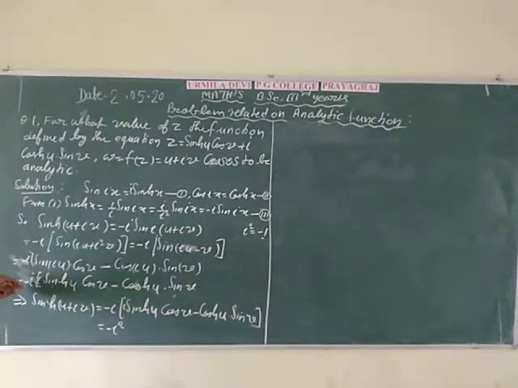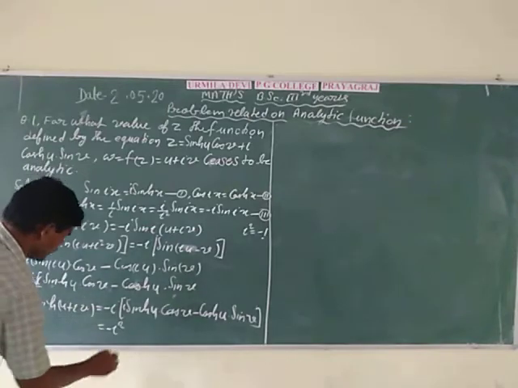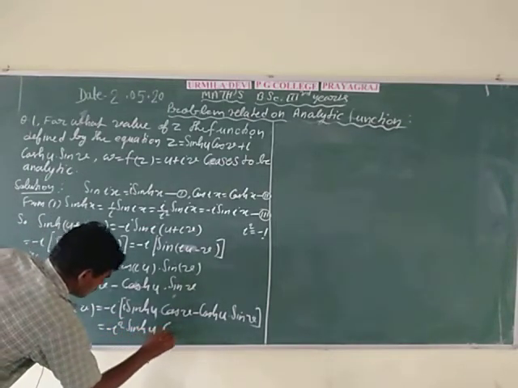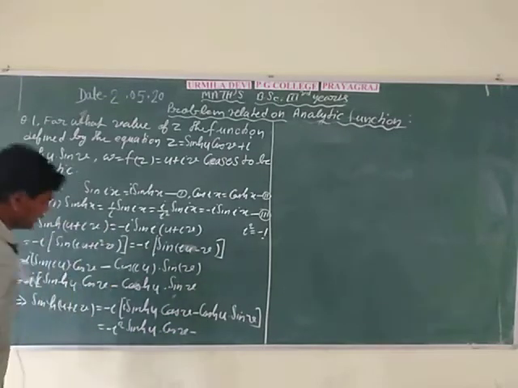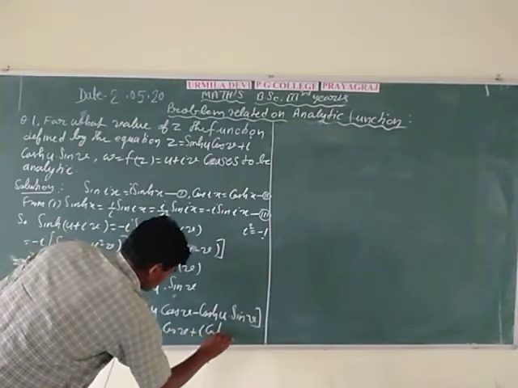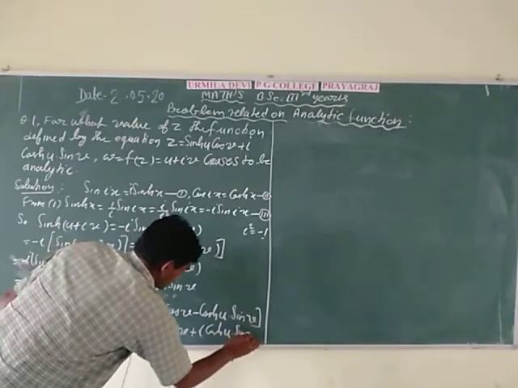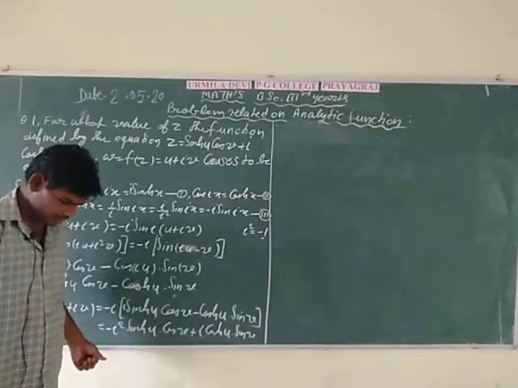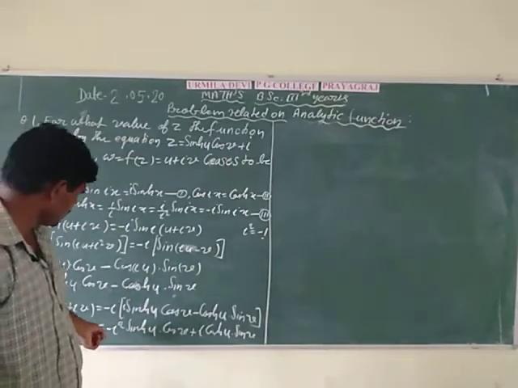So multiply by minus i and open the bracket: minus i times minus i is i square, sin hyperbolic u cos v, plus i times cos hyperbolic u sin v. i square is equal to minus 1, therefore putting the value of i square as minus 1.